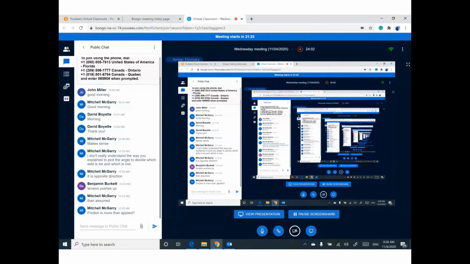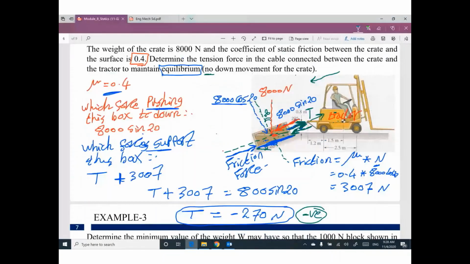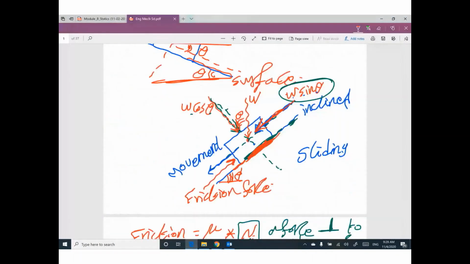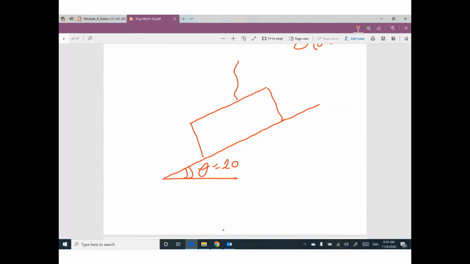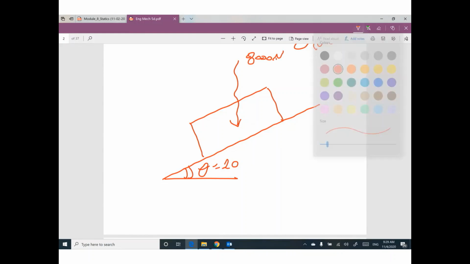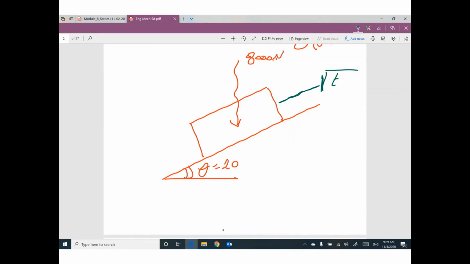That means no need for this tractor. If you have this inclined surface with angle theta equal 20, and this box with weight 8,000 Newton, no need for this cable attached to this tractor to support this crane.